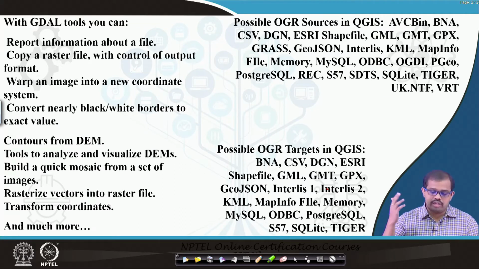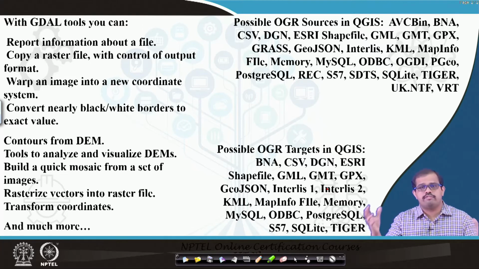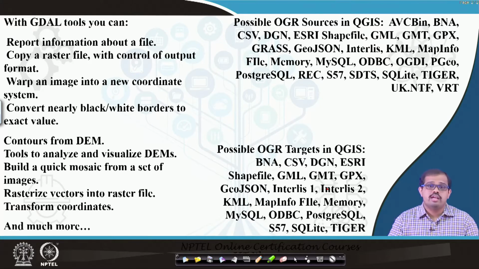And when you look at OGR, it supports a huge number of formats, whether it is AVC bin, BNA, CSV, which is your comma separated value format, DGN, shapefile, and GML. The well known Geography Markup Language is being used in a lot of contexts and is an extremely flexible language.